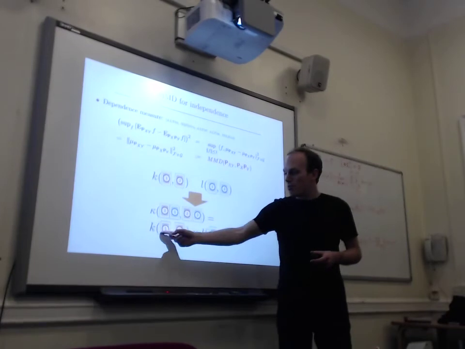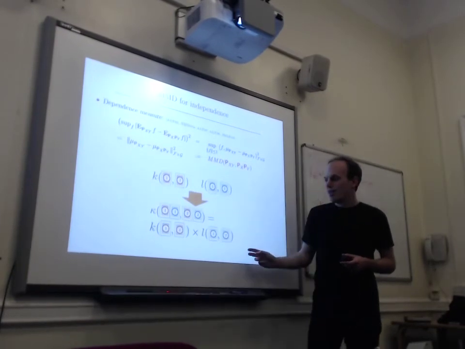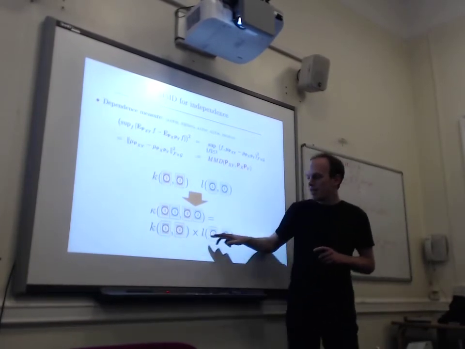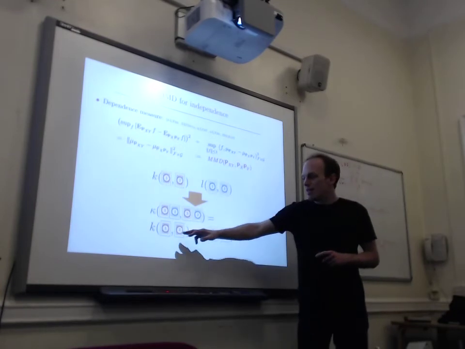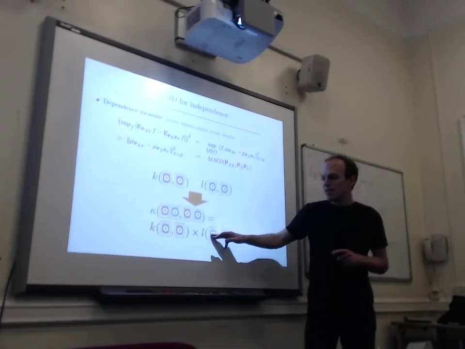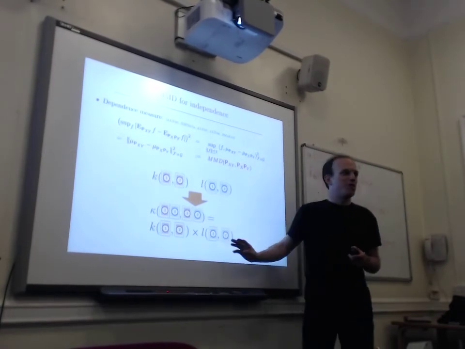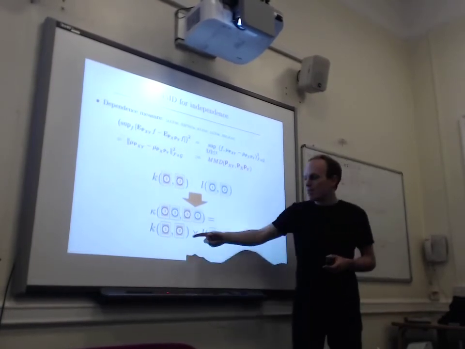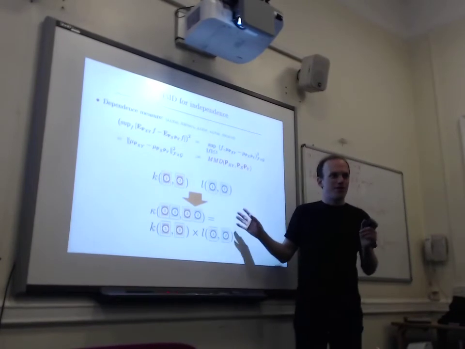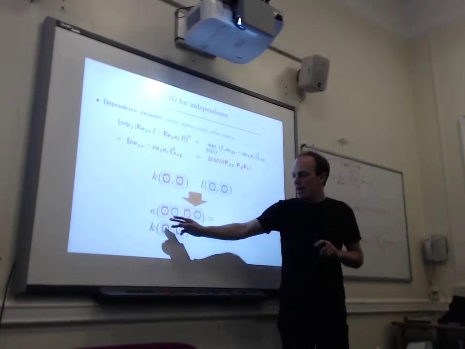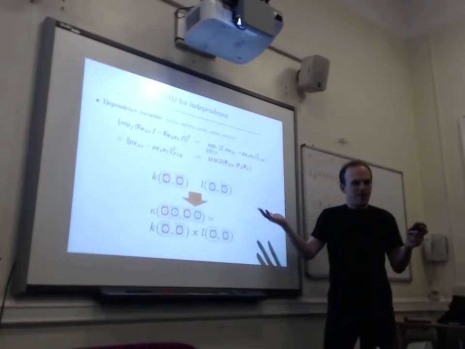Well, I can just take the product of these two kernels. So if the images are similar and the captions are similar, then this product is going to be large. If one of the two is small, the product's going to be small. If both of them are small, the product's going to be very small. So this is quite a natural kernel between image caption pairs, at least in this definition.